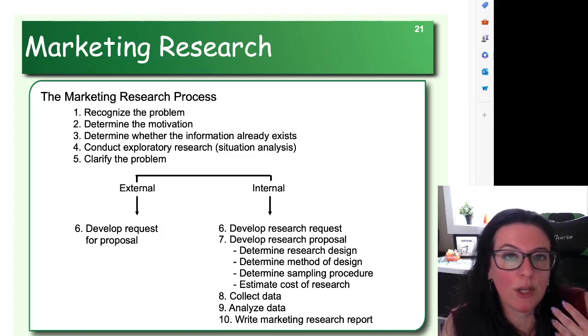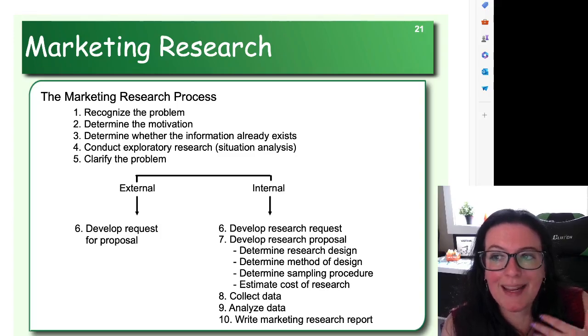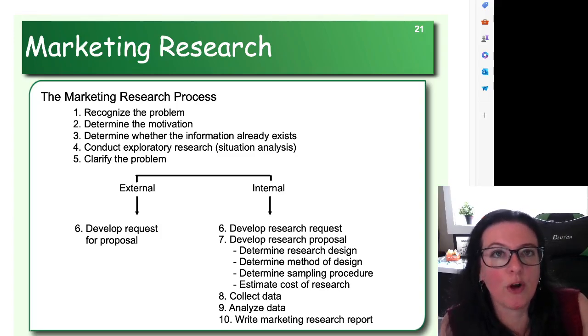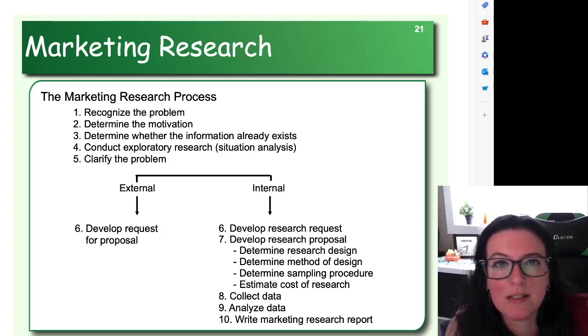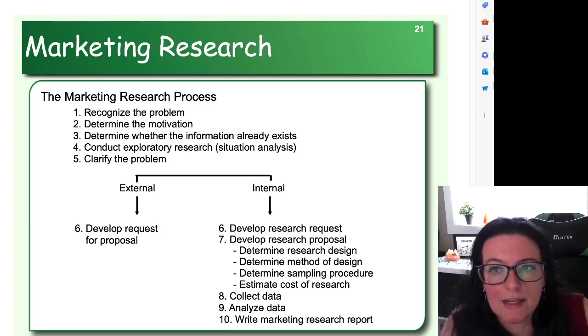Maybe we're looking for information about what's happening in the industry, and so we could go to a third party who is already collecting and selling this information in terms of projections on the success of, let's say, fine dining restaurants.